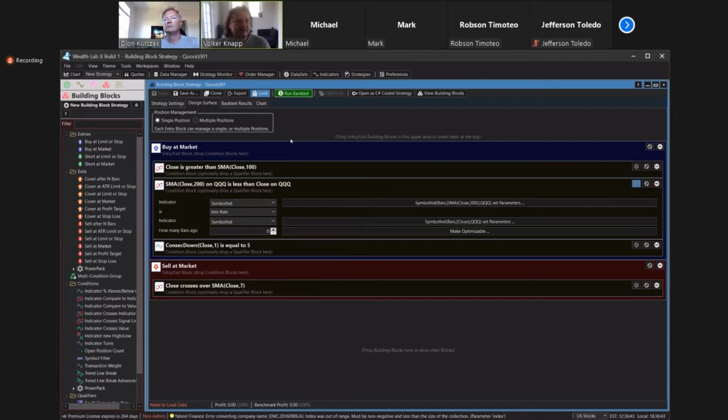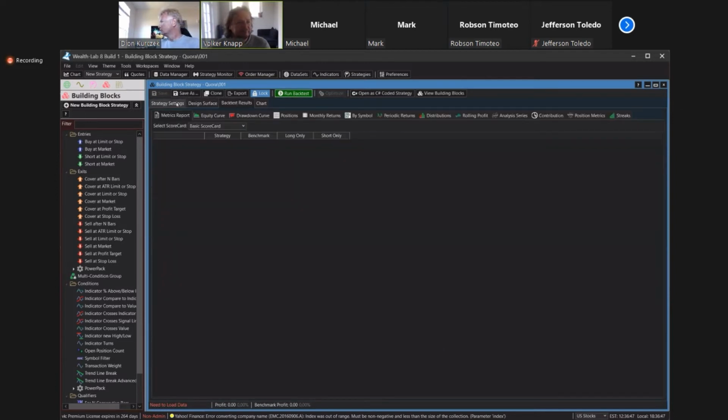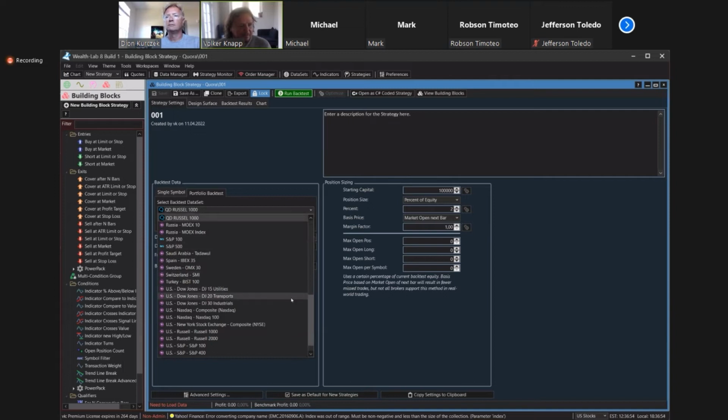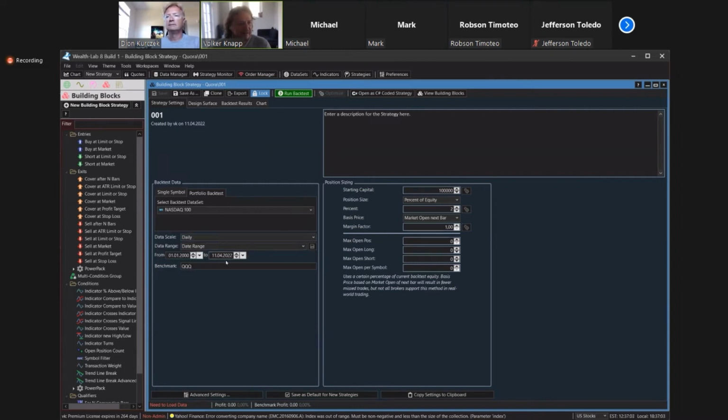And this is quite interesting, because I did run it on, what did I run it on? Well, I did run it on this one too, but this would take too long. The Russell 1000? Yeah, it's actually quite fast, but I don't want to waste anyone's time. I usually like the NASDAQ. So from 2000 until today, 100,000 starting capital, 2%, basing my position size for today on tomorrow's market open.